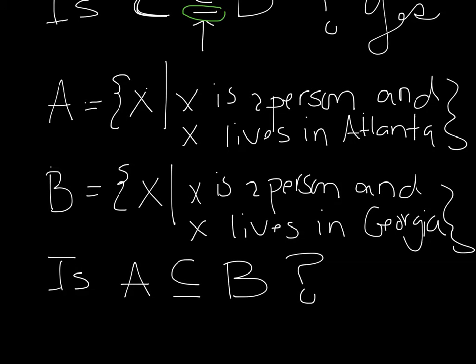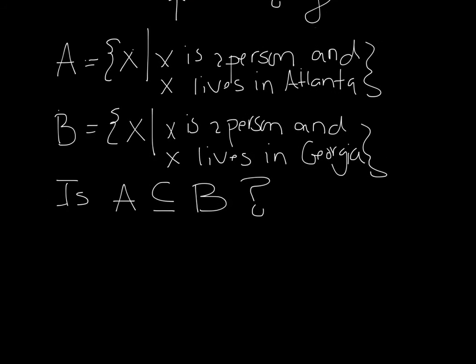Okay, so let's maybe rewrite this, just to help you understand what this means. So A is a person, and that person lives in Atlanta. Okay, I have a friend who lives in Atlanta.